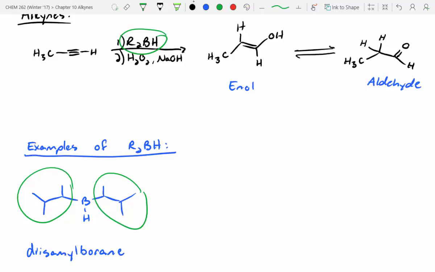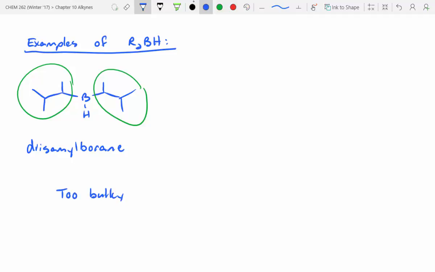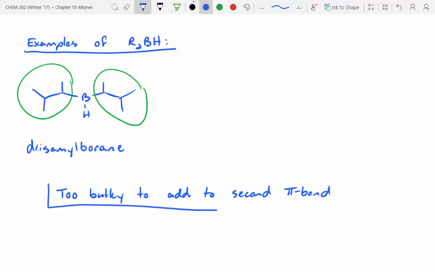It can't react with the alkene. So in this case, let's make a little note of this. They're too bulky to add to the second pi bond. So we have to add in these giant groups onto them.